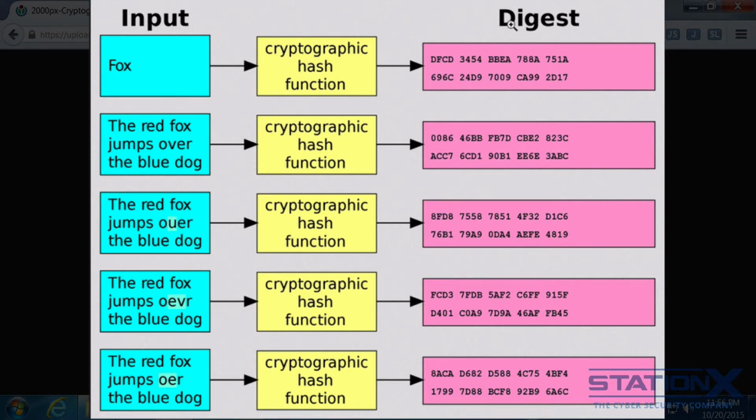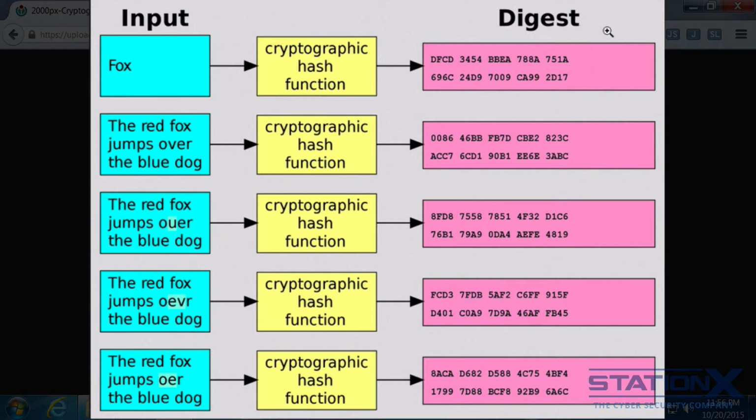A hash function takes as input data of any size. So it can be an email, a file, a word. In this case, we've got Fox, and it converts it via this hash function to here, a fixed size string of characters. And these values returned by the hash function are referred to as simply hashes or message digest, or in this case, digest.